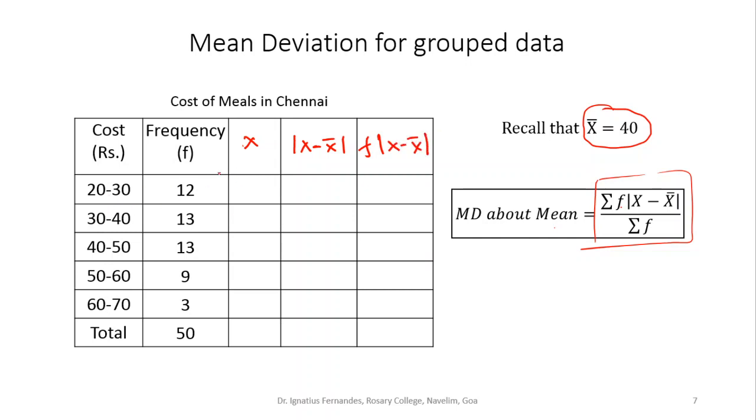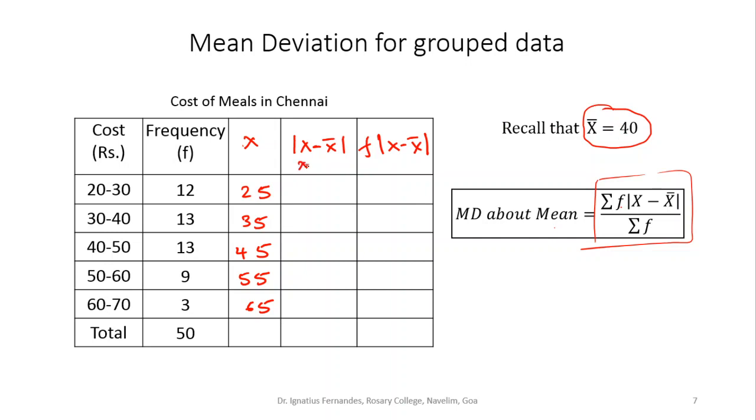The mean values of each of these classes are 25, 35, 45, 55, 65. From each of these x values, now I have to subtract the mean, that is 40.